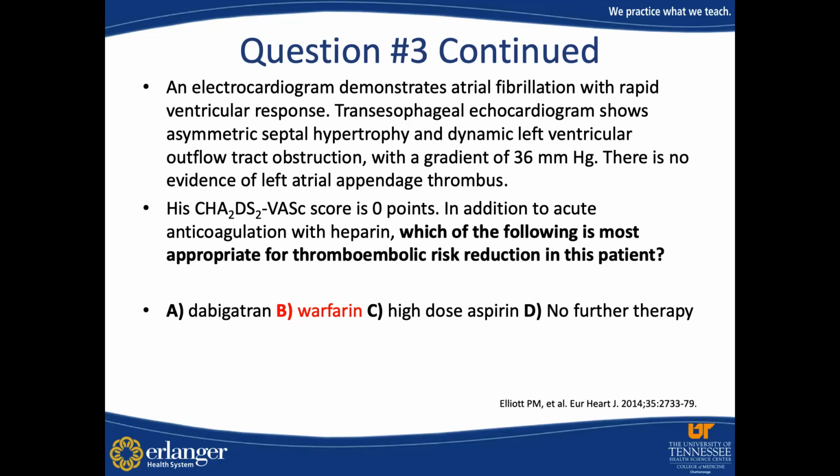The answer is warfarin because that's what's been studied. However, in real life, you are probably going to use a DOAC. Dabigatran is almost never going to be the answer, and no one uses high dose aspirin. If aspirin is the answer, it's always low dose nowadays. The big thing is they were trying to trick people into picking no further therapy because his CHA2DS2-VASc is 0.